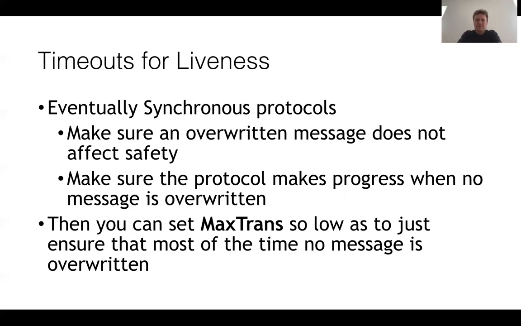And then we had this eventually synchronous protocol where we assume an upper bound on message delivery, but we only assume that messages get delivered that fast often enough. It might happen that even a good process has a message that is slower than that. That in particular means we're not allowed to base safety properties on this.